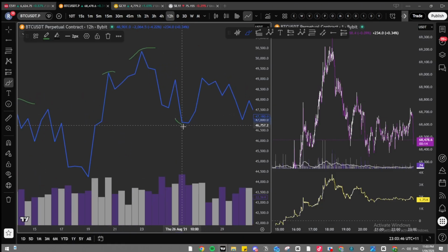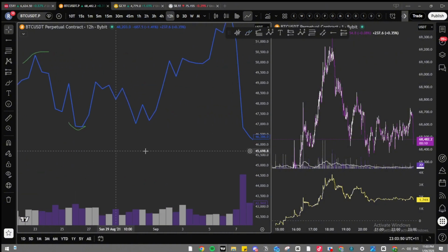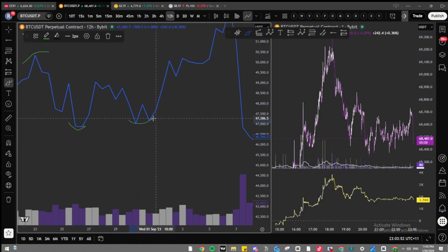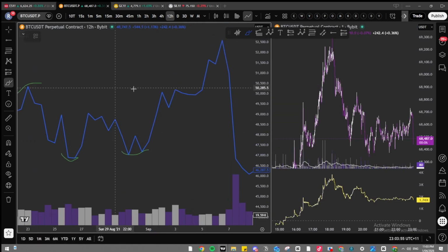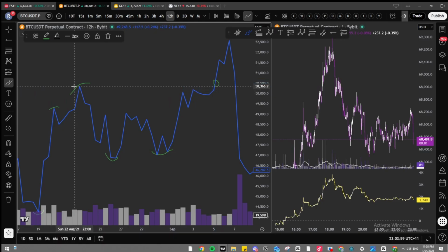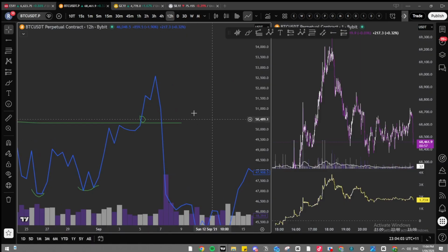So we make another higher high here because this high is higher than this high, and once again we make another higher high, and over here we break up. We'll make another higher high from this high, and over here we'll make a higher low. It's very internal. I probably wouldn't pay too much attention to it.